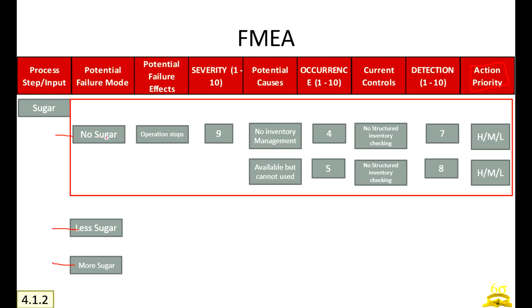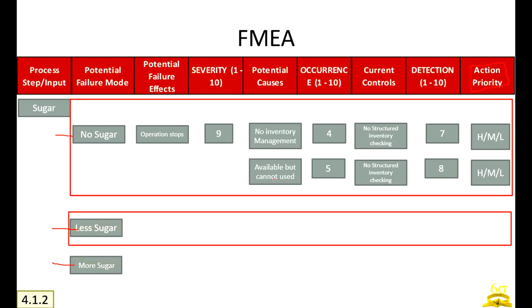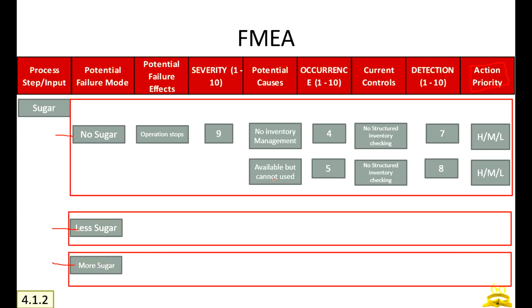Now if you see, this entire process is only for no sugar. Similarly you have to do it for less sugar, for more sugar, and for the other inputs also, and you will find this action priority list will become a huge list.